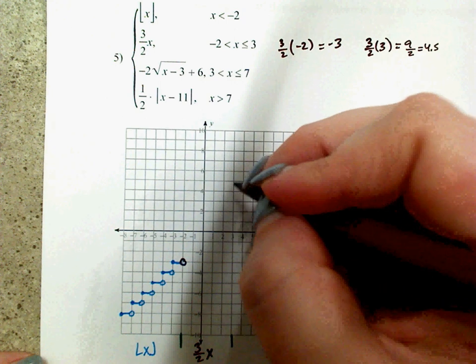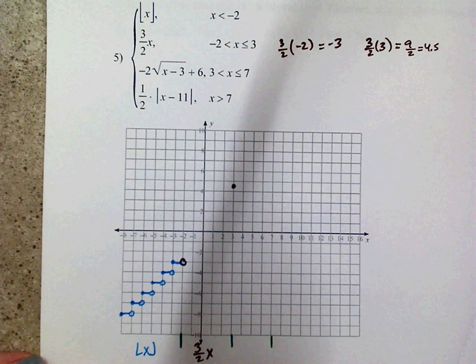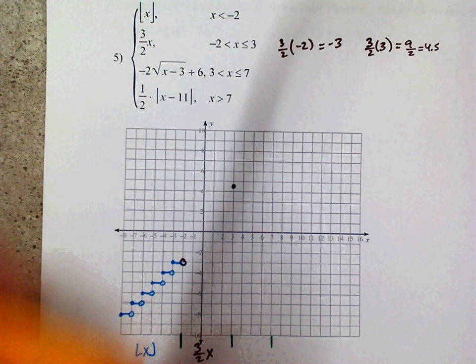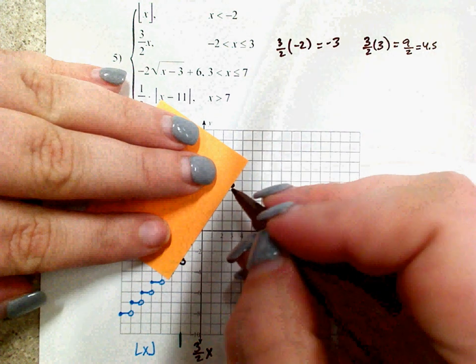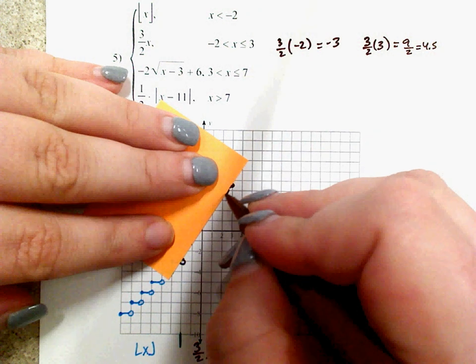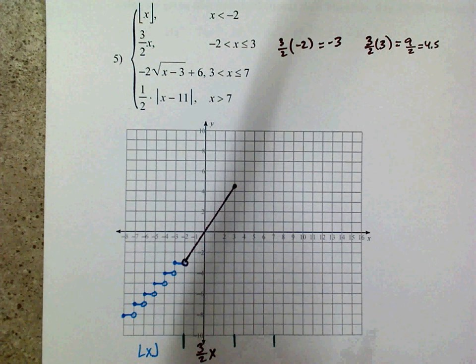Now, because it's a linear function, all I need to do at this point is connect them. A linear function between two x values, all you gotta do is plug in the endpoints and then connect them with a line.